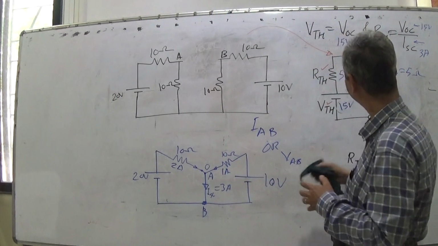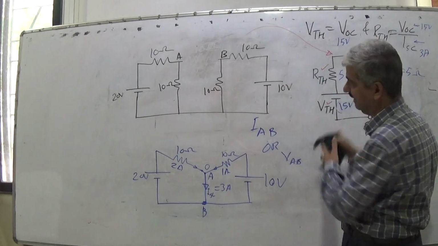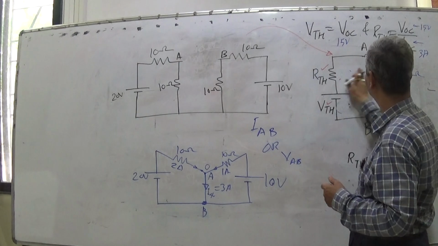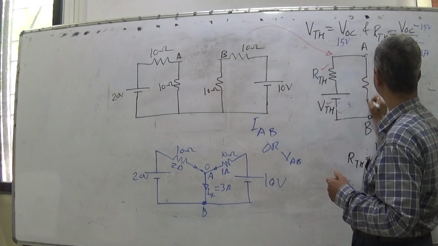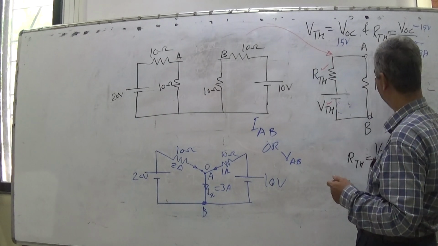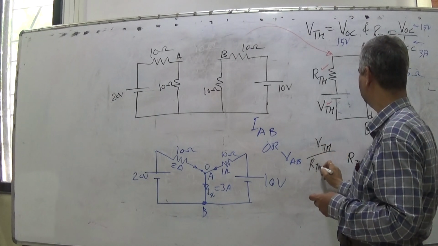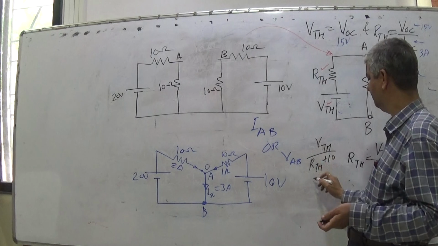So AB, find VTH, find RTH, and then put this resistance 10 ohms afterwards, and answer is VTH upon RTH plus 10 is the answer R.